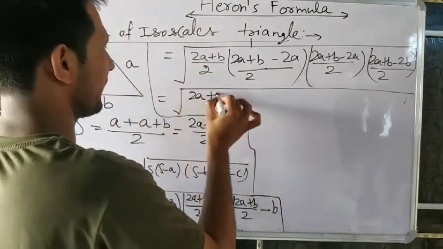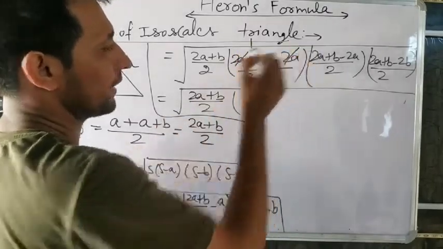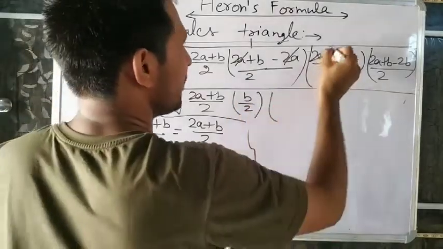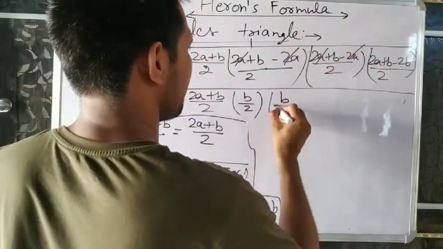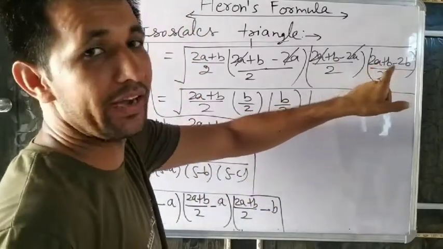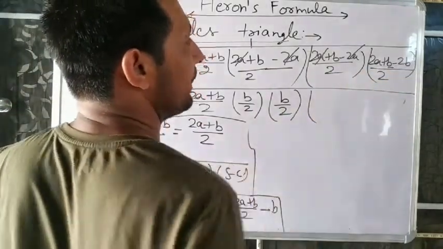Next, 2a plus b divided by 2. What remains? 2a minus 2a, 0. What remains? b divided by 2. Here remains 2a, like terms, finding like terms. 2a plus b, b and minus 2b, like terms.